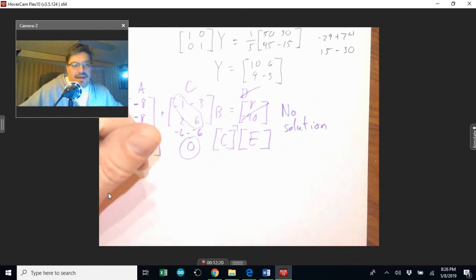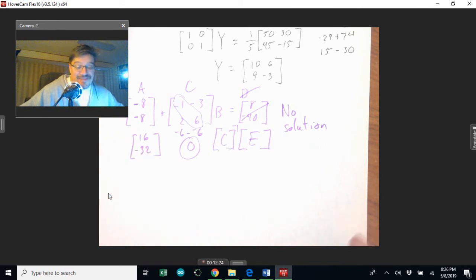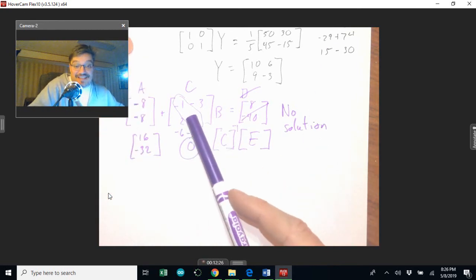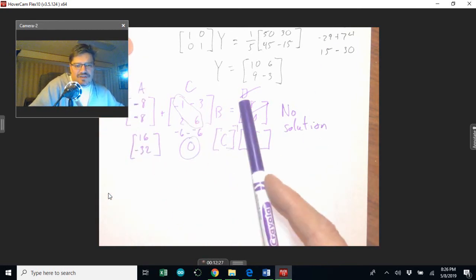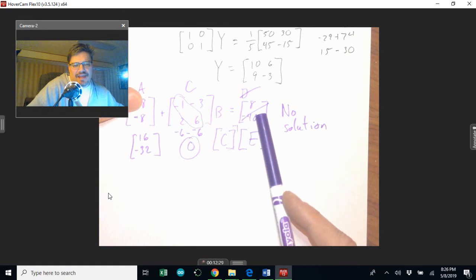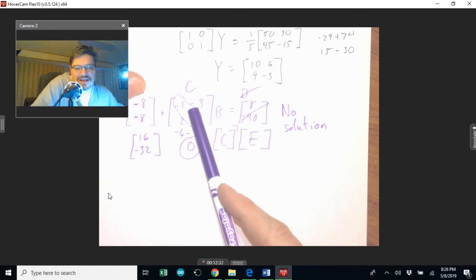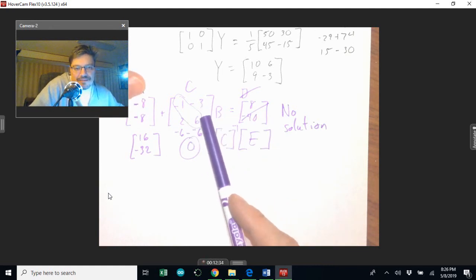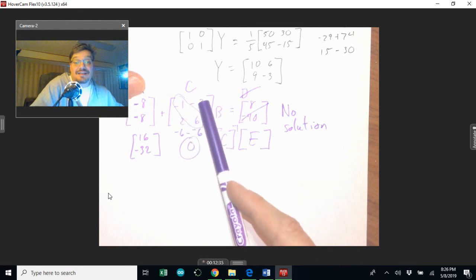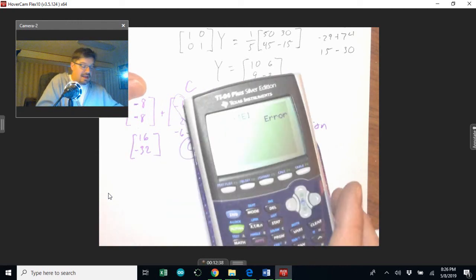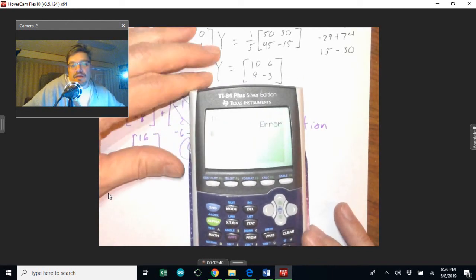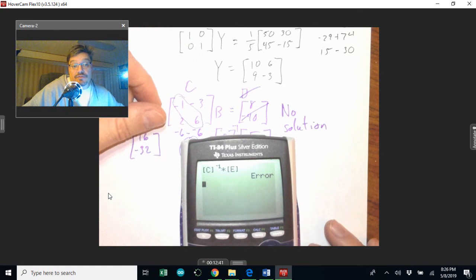If I would have just started from the top and actually calculated, seeing if this guy has an inverse, not these two, these are easy to do by hand. But this matrix that's attached to B by multiplication, I have to see if this guy has an inverse. And that's why I kept getting that error. It doesn't have an inverse.